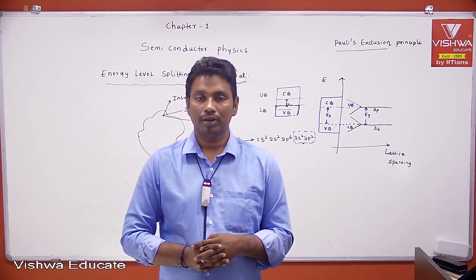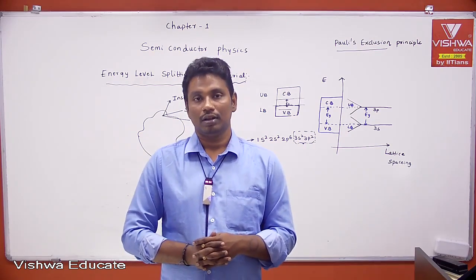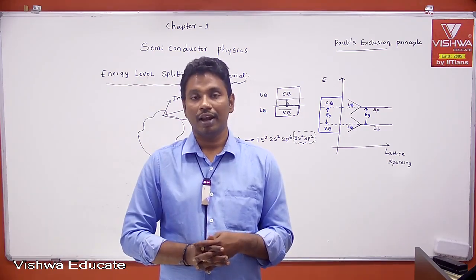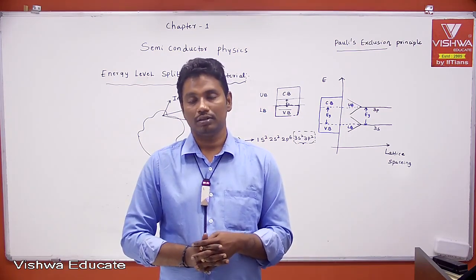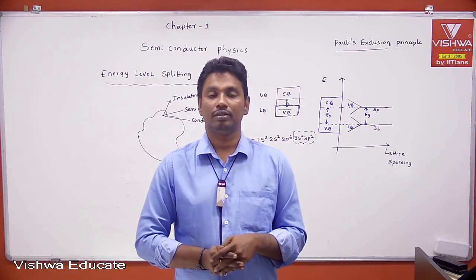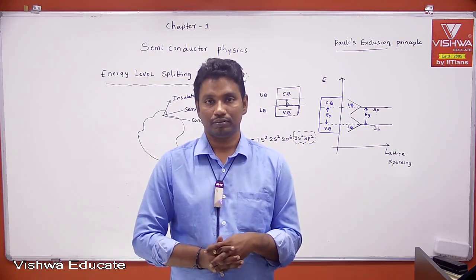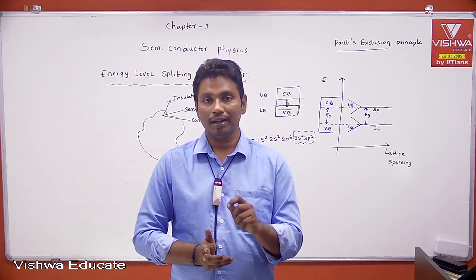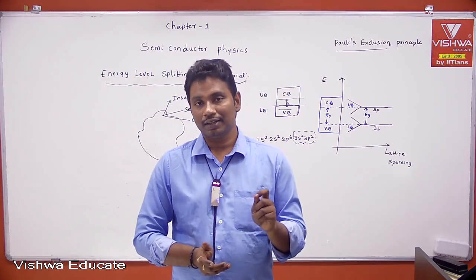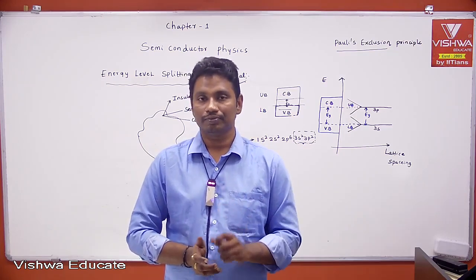Next point. The gap between the conduction band and the valency band is called the Fermi band or energy gap. What is it called? Fermi band or energy gap. Please underline Fermi band or energy gap.